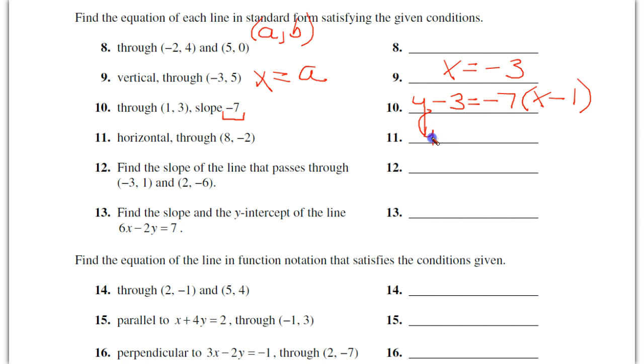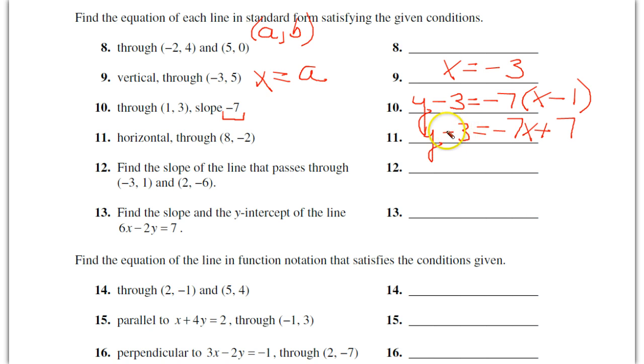So this then becomes y minus 3 equals a negative 7x plus 7. As I go, negative 7 times negative 1 gives me a plus 7.